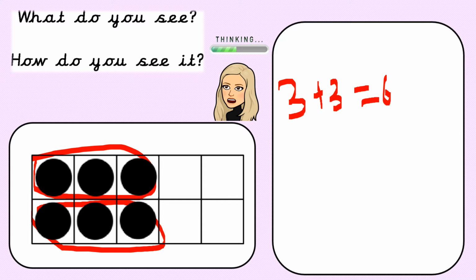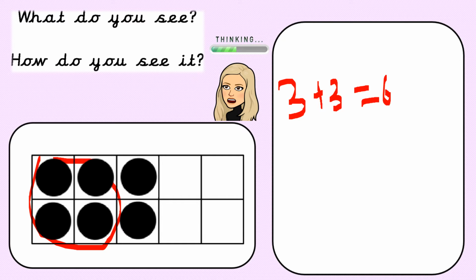You may have seen 4 in this part and 2 in this part. So your number sentence would have been 4 add 2 more equals 6.